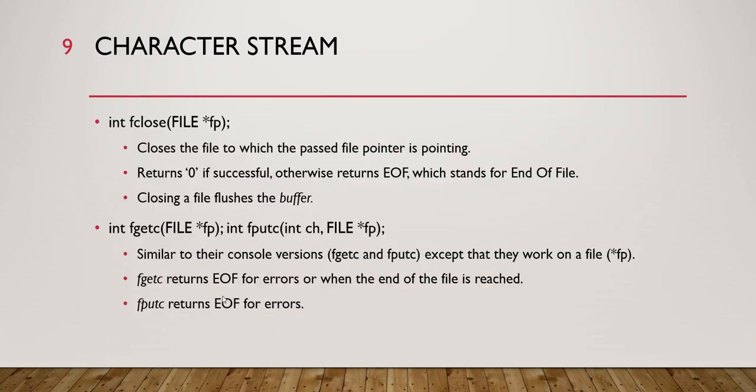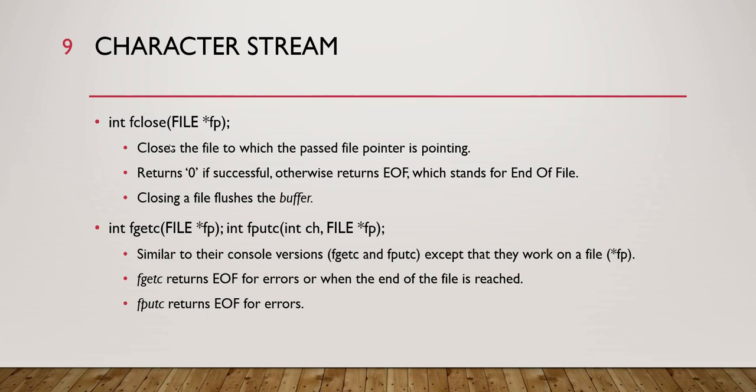These are two functions that we need to work with files. The first one, which we've already seen, is the fclose function. Whenever you pass the file pointer as an argument to fclose, it will close that file, or close the connection to that file.